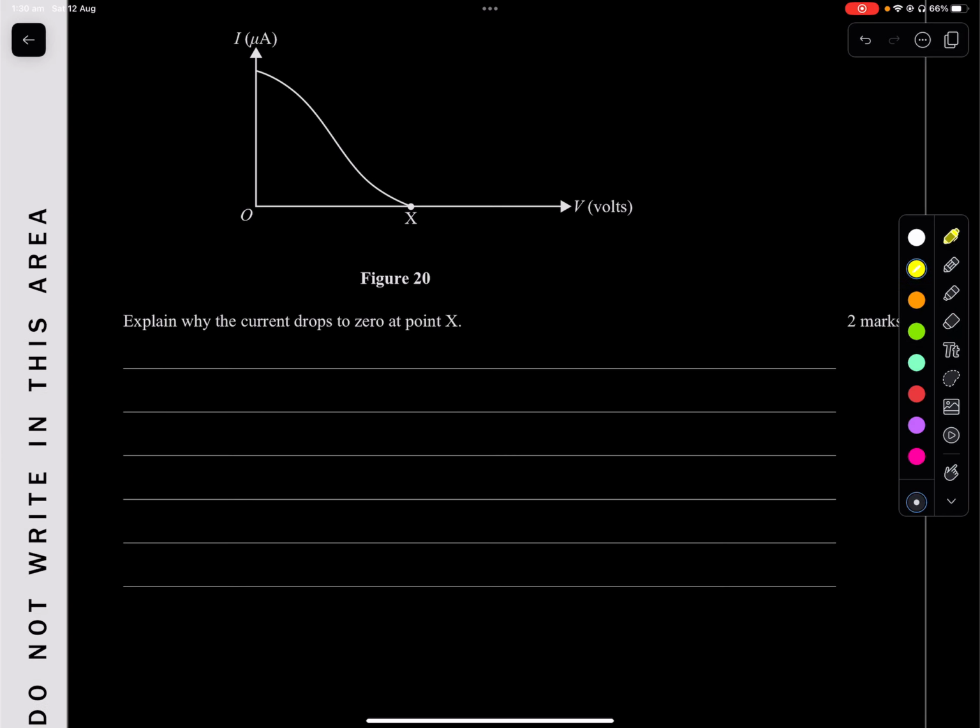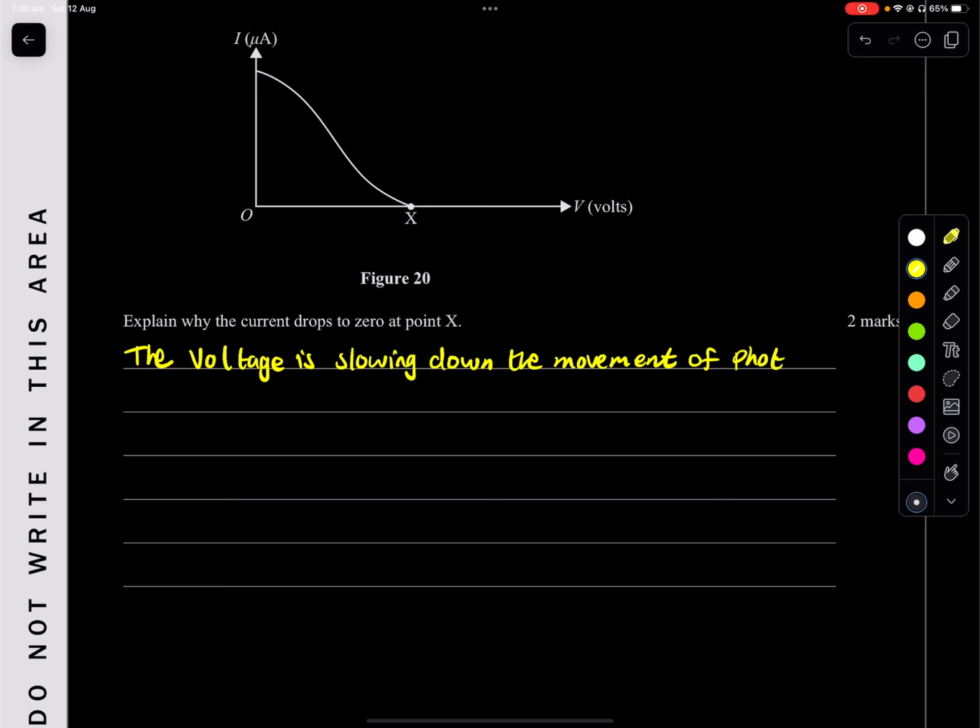Let's write that. So the voltage is slowing down the movement of photoelectrons towards the collector electrode.